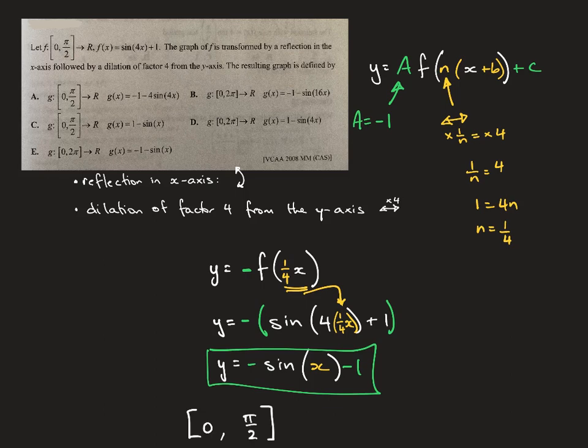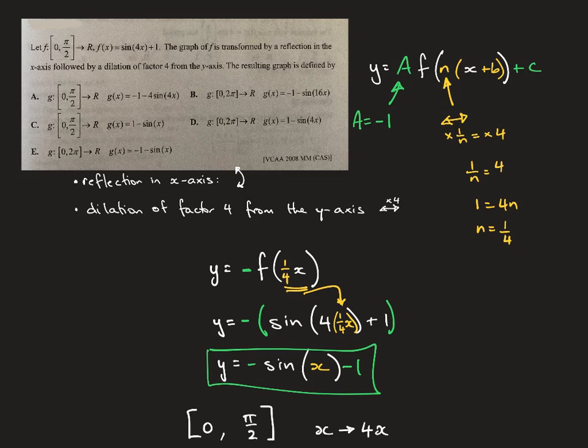Now, because our domain values are just a single x value for each of them, we apply the mapping transformations to do this. So dilation by a factor of 4 from the y-axis means that we take our x value and it gets replaced by 4x.